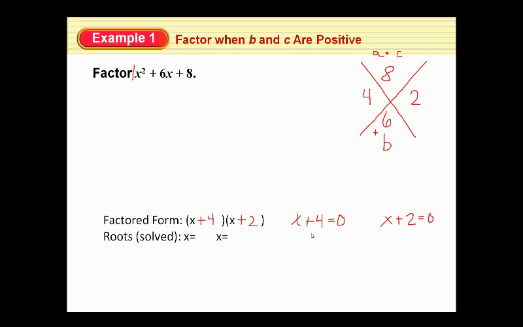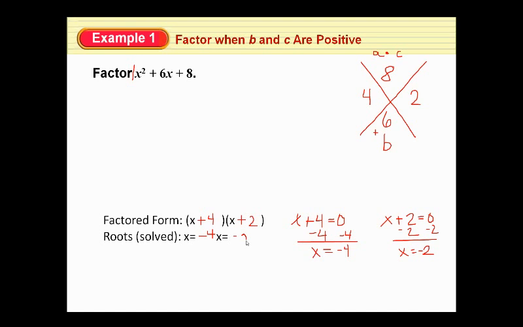And I would solve them, just like regular equations. Subtract 4 on each side, and x equals negative 4. This one I would subtract 2 on both sides, and x equals negative 2. So those would be my roots. So x equals negative 4, x equals negative 2.